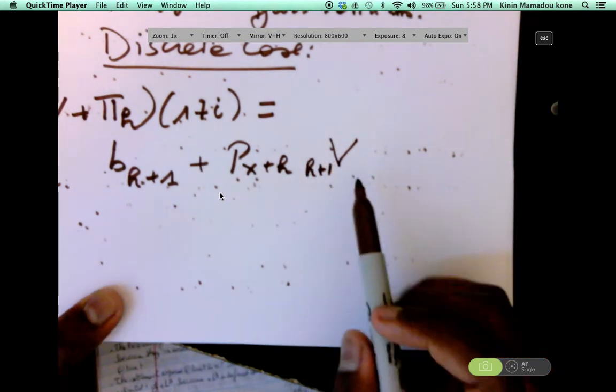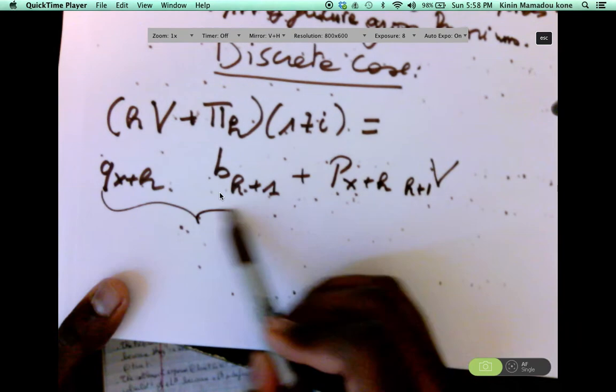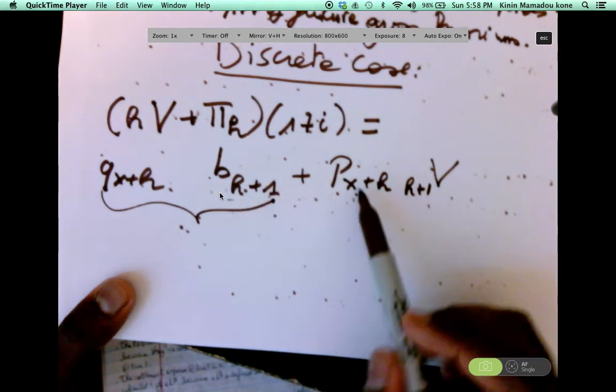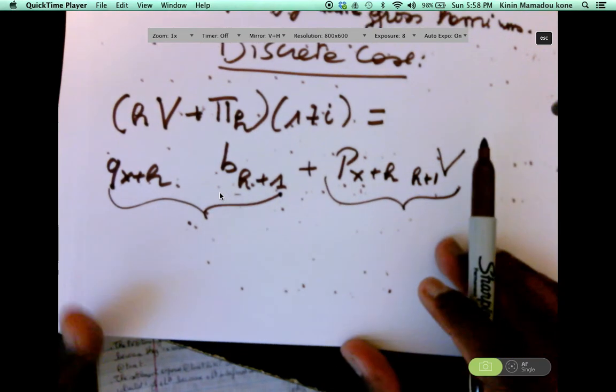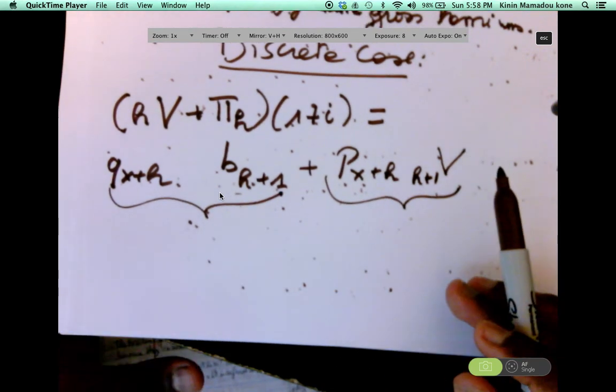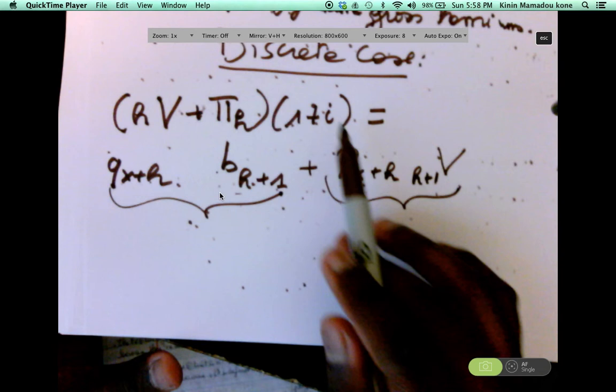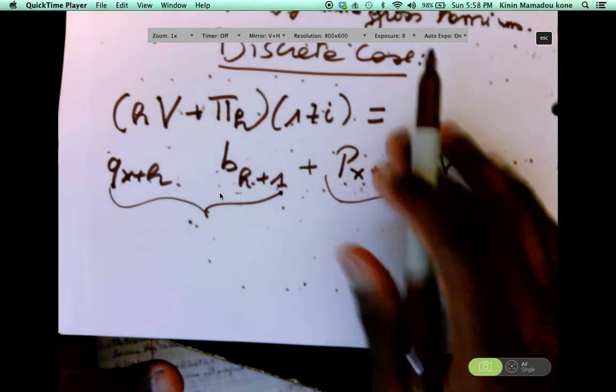So we have these two situations: either he dies and we pay a benefit, or he survives and we have the reserve. That's for the discrete case of a regular reserve.